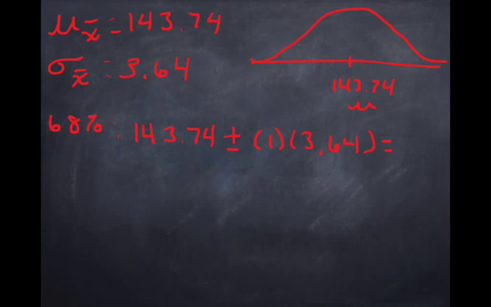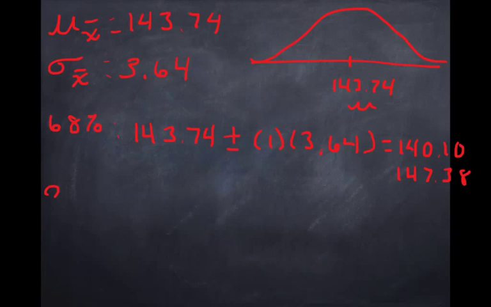If you add and subtract, I believe you're going to get 140.10, and you should get 147.38. And so there's your 68%. And so 68% of college women have a weight between 140 and 147.